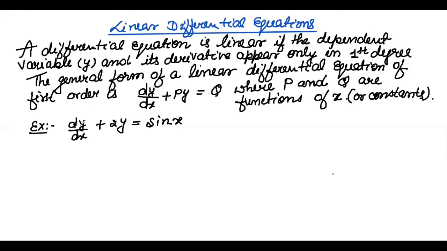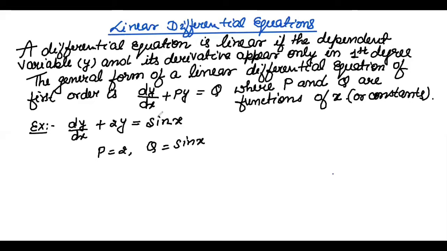So example I have written here: dy by dx plus 2y equals to sin x. So here p is 2 and q is sin x. So p is a constant and q is a function of x. So this is the linear differential equation form.